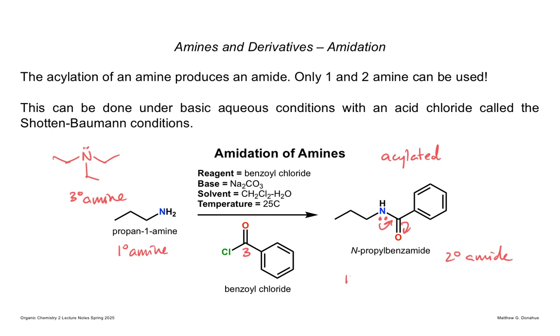So we could say primary amine goes to secondary amide. Secondary amine goes to tertiary amide, or ammonia goes to primary amide.